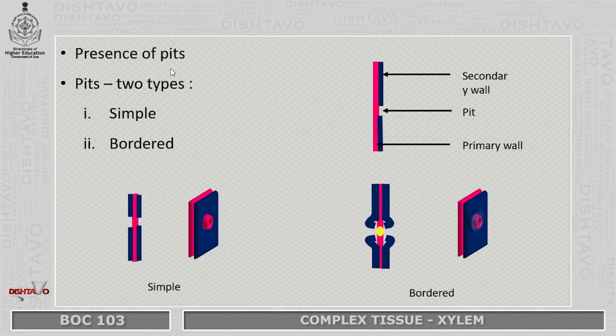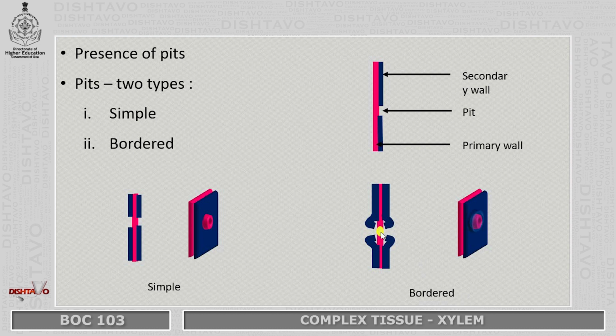We have the presence of pits for the tracheids, which are nothing but the unthickened areas of the primary wall. When the primary wall shows unthickened areas, you call it a simple pit, and when the primary wall is overarched by the secondary wall in the form of a dome, you refer to it as the bordered pit.